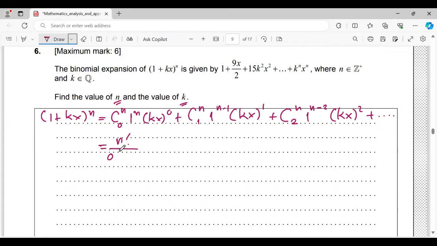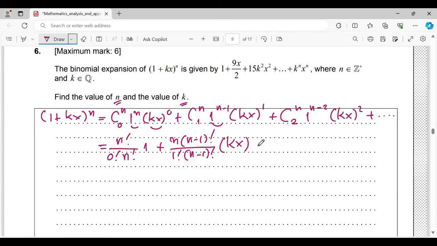It becomes n factorial over 0 factorial times n factorial times 1, because this one, this one as well. And next, this combination, n times (n minus 1) factorial over 1 factorial times (n minus 1) factorial, times kx. 1 power n minus 1 is 1.